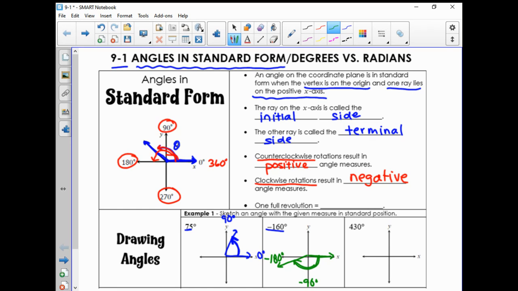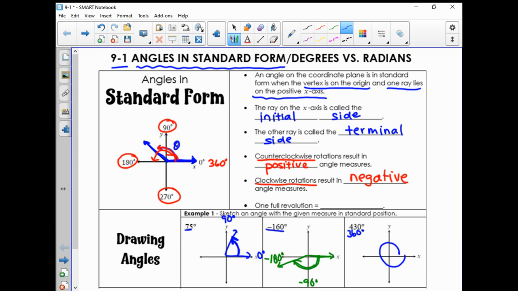Now notice this next one, this 430 degree angle. If you go 360 degrees, you've gone all the way around the circle. So I start on my initial side and go all the way around to 360 degrees, but then I have some more to go.